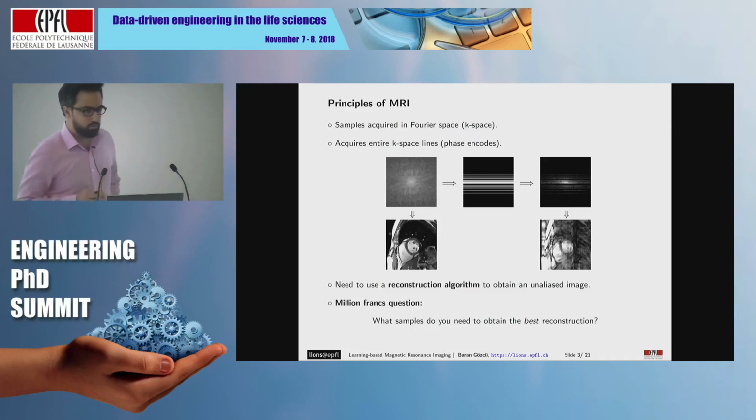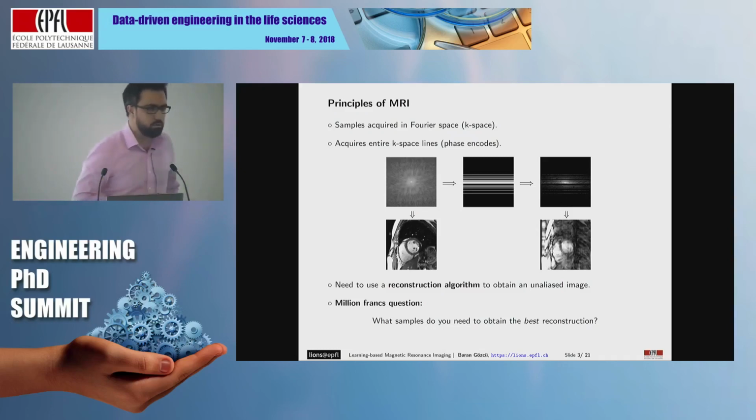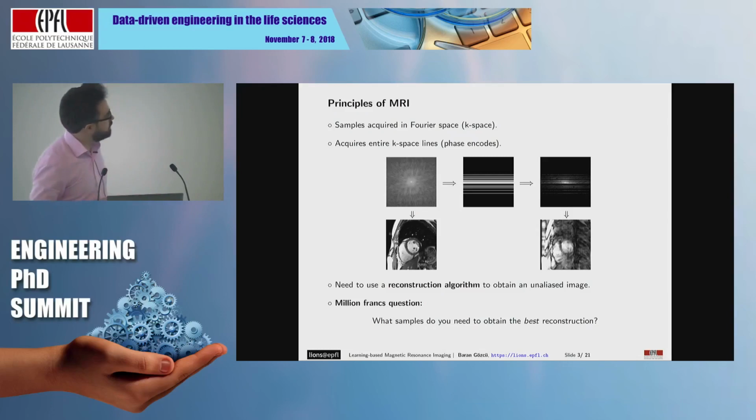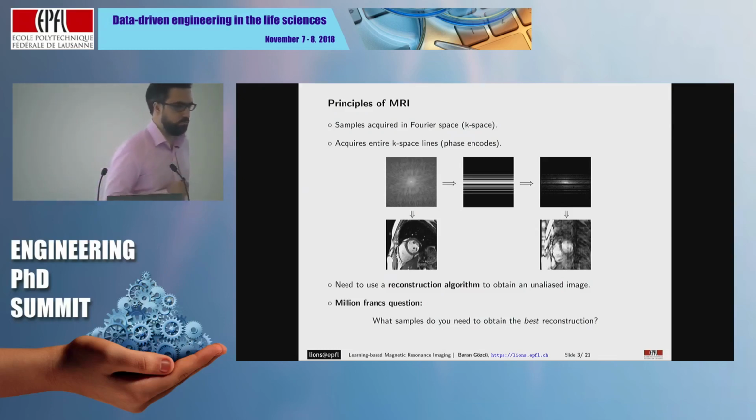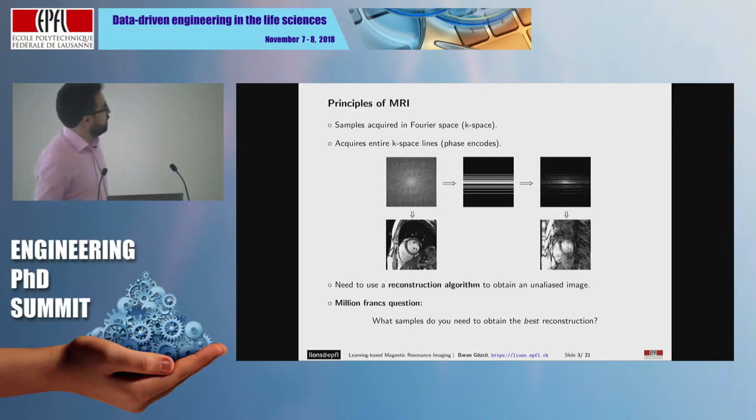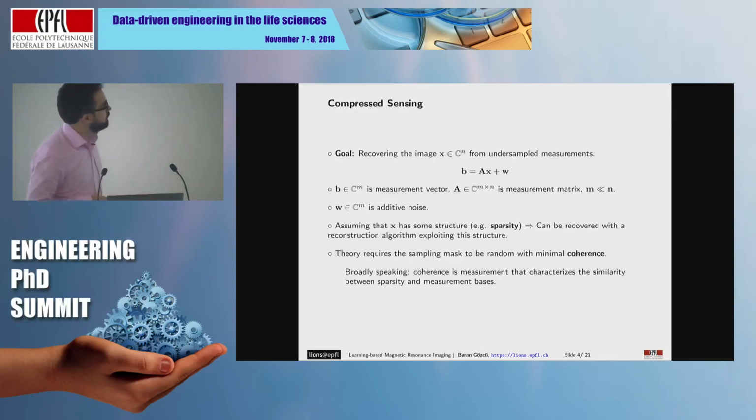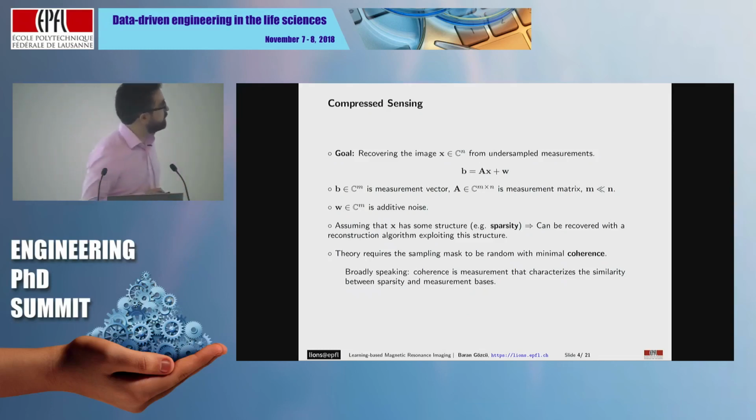But our focus in this work is not proposing new reconstruction algorithms. The question that we focus on is which set of lines, which set of samples I should choose in order to get a good performance. So I was saying that there are algorithms that are able to reconstruct. The basic model is a linear model.